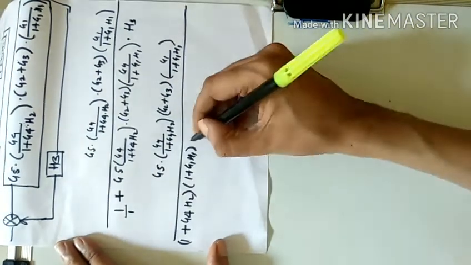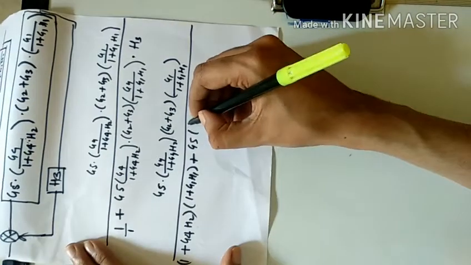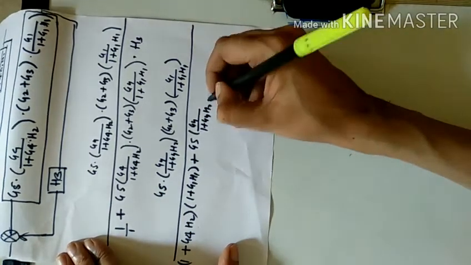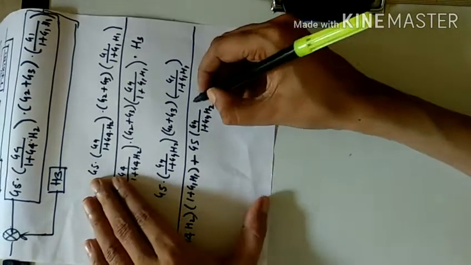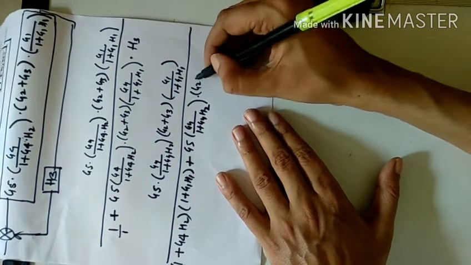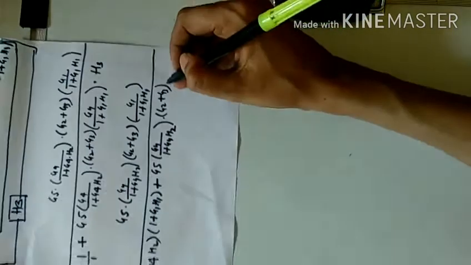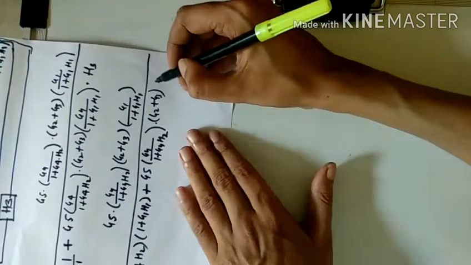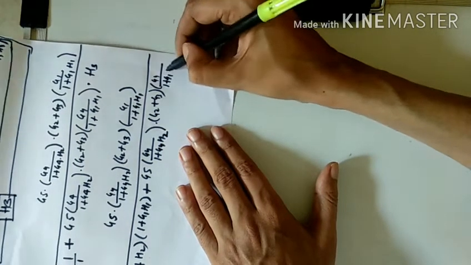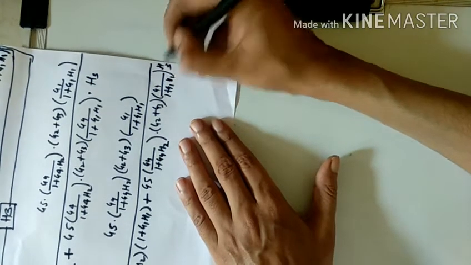Okay, plus this will remain as it is: G5 bracket G4 upon 1 plus G4 H of 2. Clear. Then in the bracket G2 plus G3 as it is. Then here it is again G4 upon 1 plus G1 H1 as it is, and here it is H of 3.